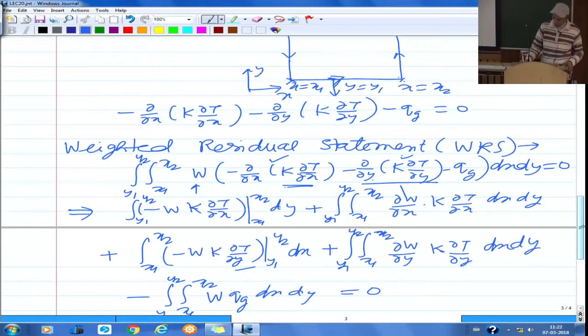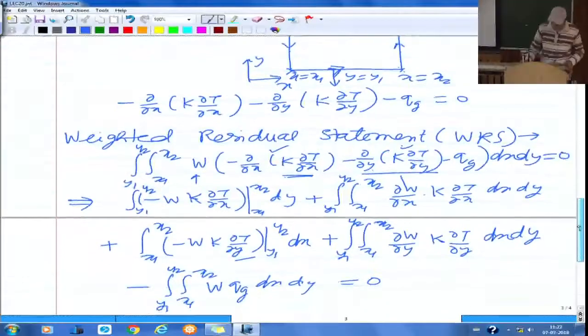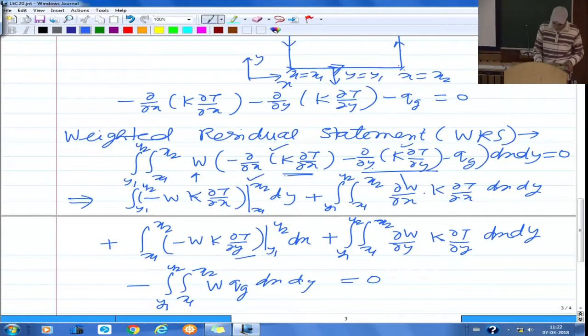Then if I look at the interpretation for this, where you have x equal to x2, that is going to come from this term, and in that term what you have, see again this upper boundary, you have minus w k del T by del x, x1 to x2 dy.